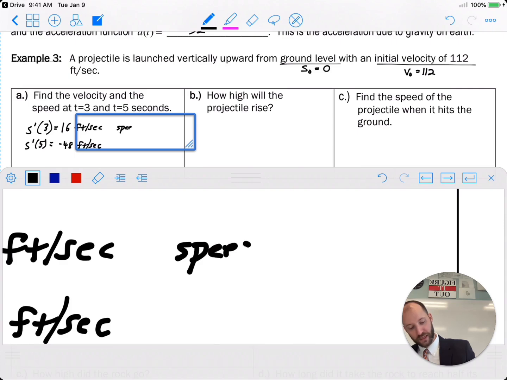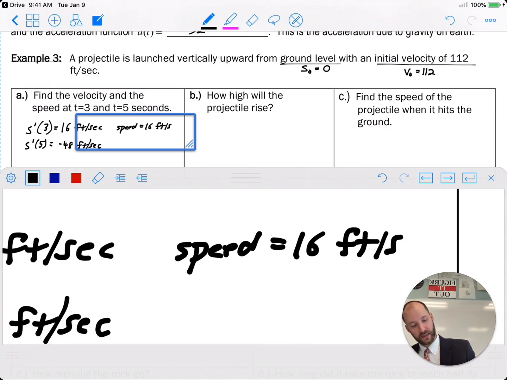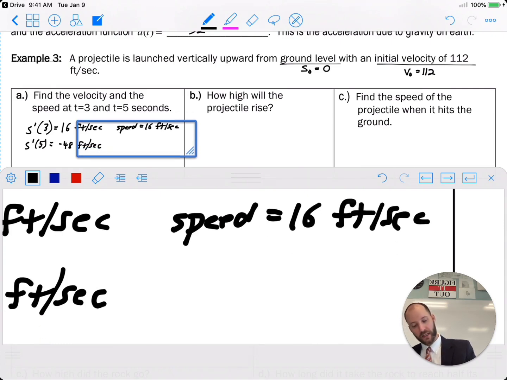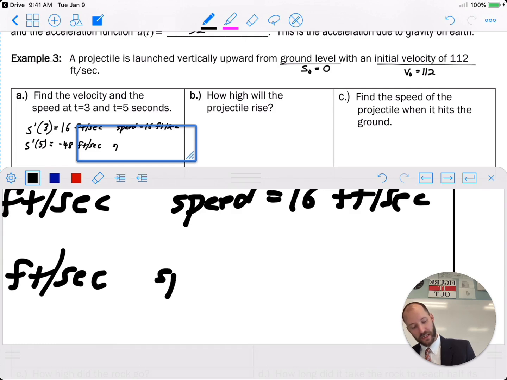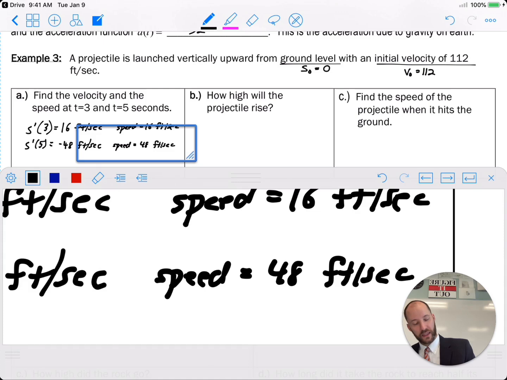So at 3, the speed is 16 feet per second. At 5, the speed is the absolute value, so 48 feet per second. Think of it like the speedometer on your car.